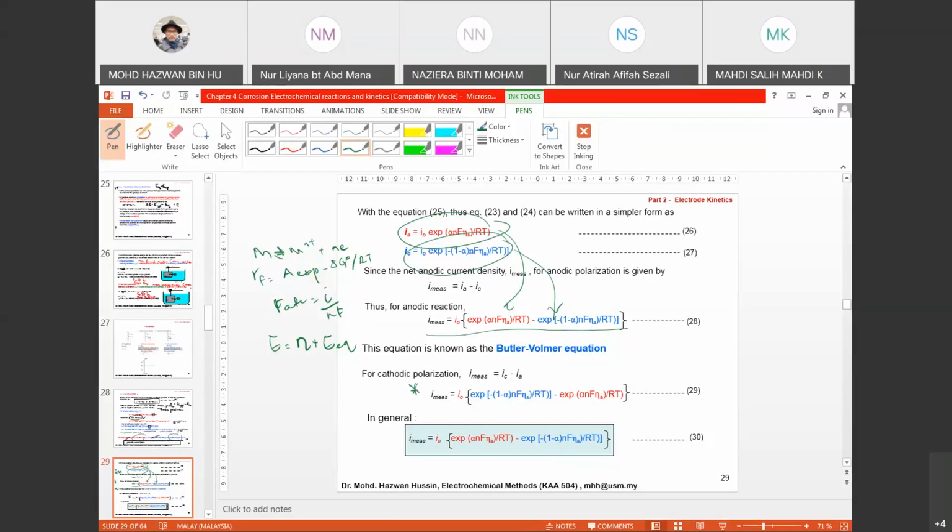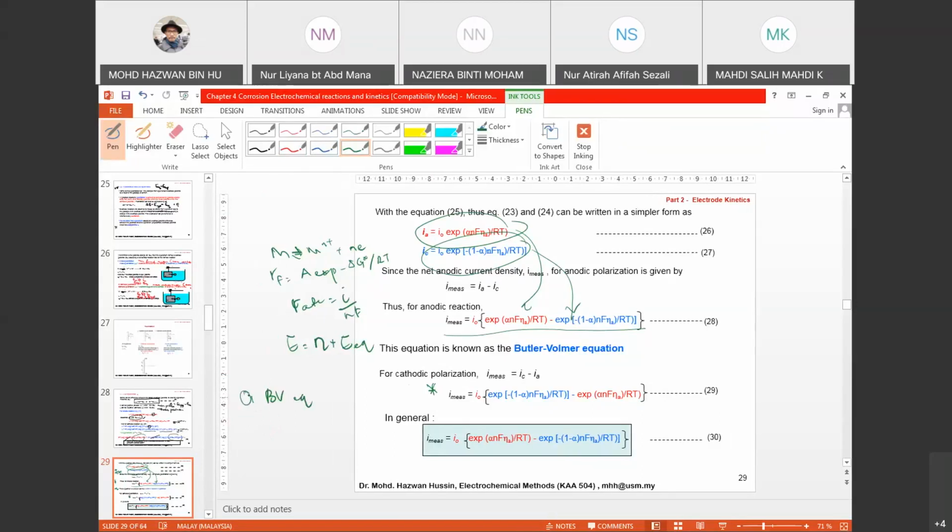Okay. As I said, in KAA 504, especially for my part, there are maybe, I believe, two equations that you need to memorize how to derive. The first one is the Butler Volmer equation. And then another one is the Tafel equation.